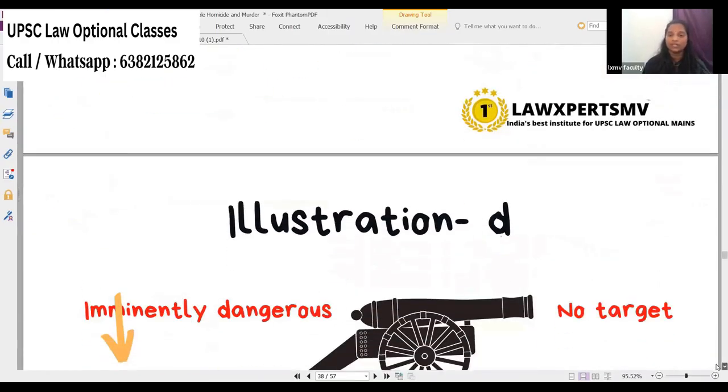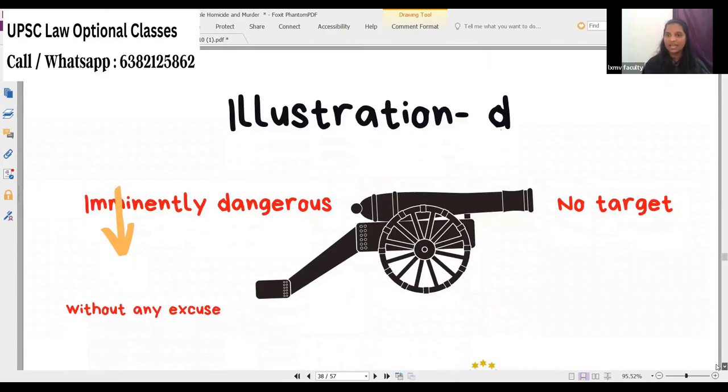Let me give you a statutory illustration, and also another illustration of my own. Illustration D of section 300 says one person takes a cannon, turns towards the crowd, and fires it into the crowd. He does that just for fun.